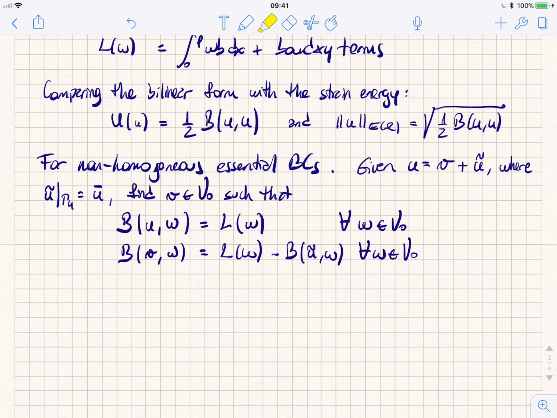This u here is known, and so this whole term becomes part of your right-hand side. So you would expect that non-homogeneous boundary conditions are going to change your force vector when you solve the discrete system of linear equations. So that's how it works.